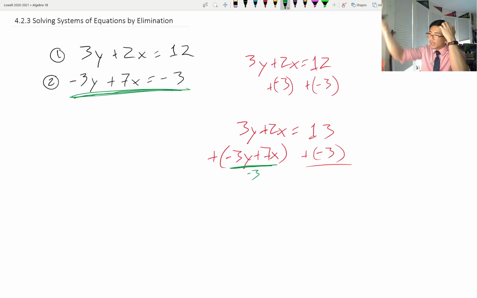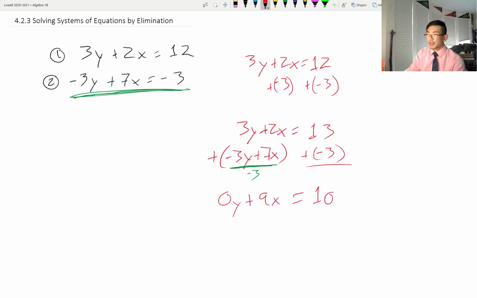When I add them straight down, on the right side I get 12 minus 3, which is 9. On the left side, I get 3y plus negative 3y, so that's 0y, and then 2 plus 7 is 9x.